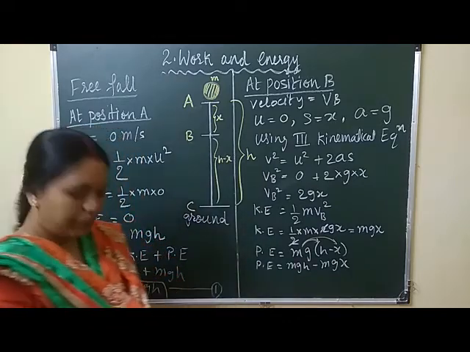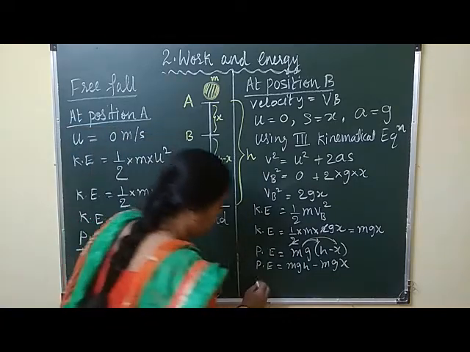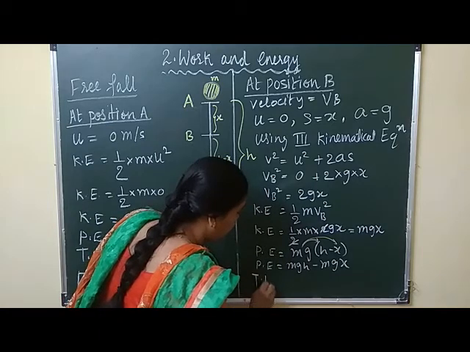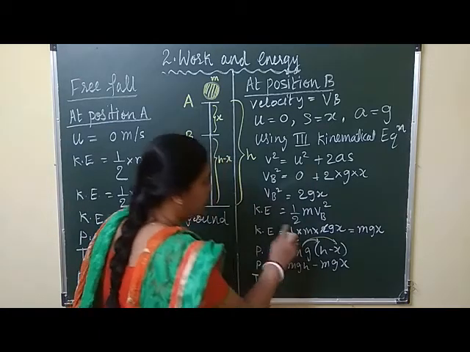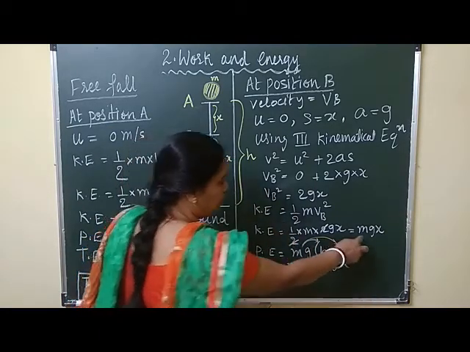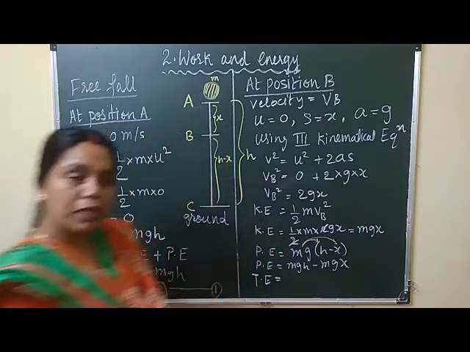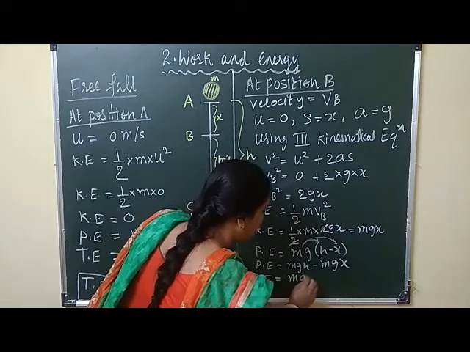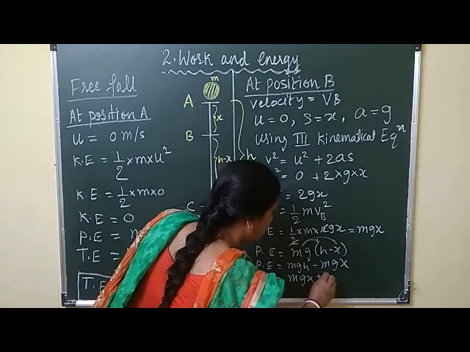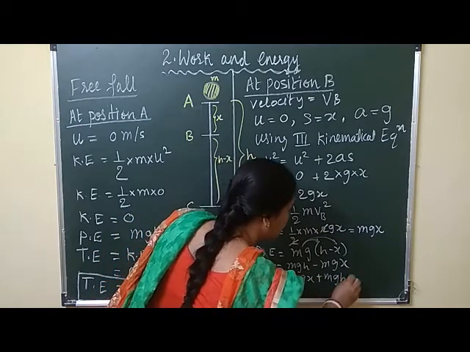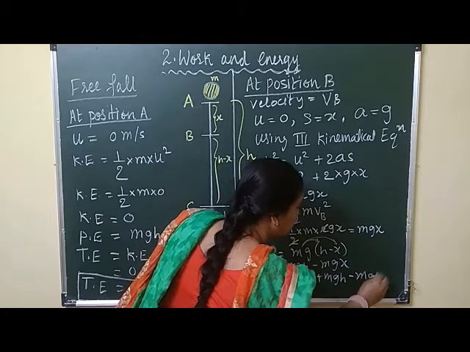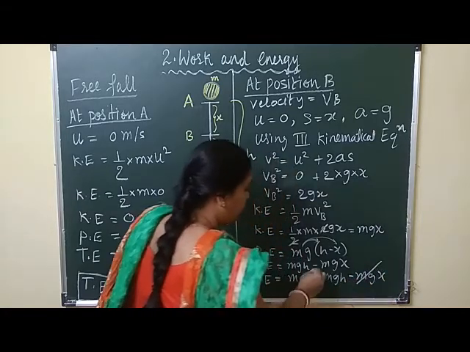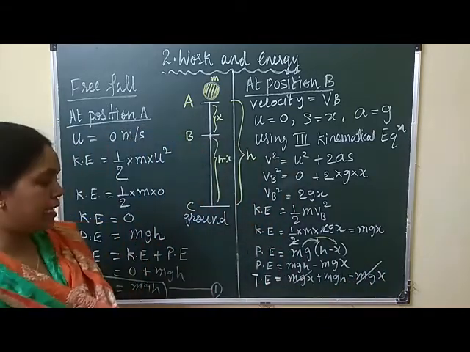Now we can find out total energy. Total energy is kinetic energy plus potential energy. Kinetic energy was mgx plus mgh minus mgx. Due to opposite sign, it gets cancelled.